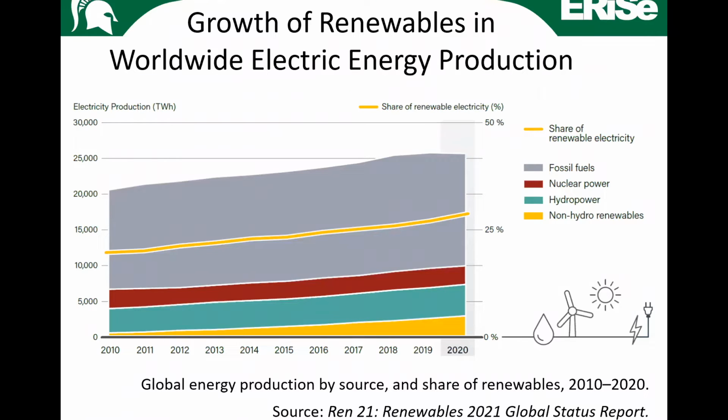What I want to point out first of all is how non-hydroelectric based renewables have grown. And you'll see that their growth has been quite dramatic. Yes, hydro resources have also grown, but not nearly as much, because we've always had hydro, right?